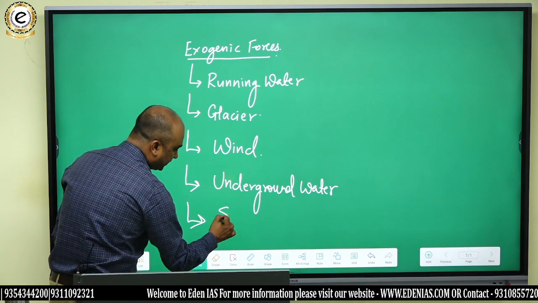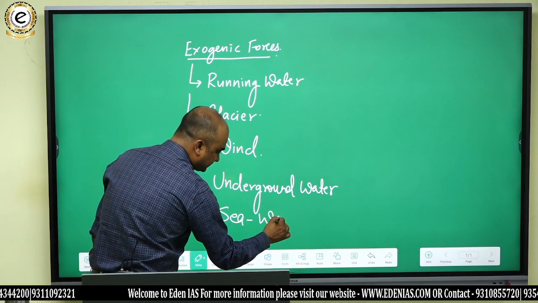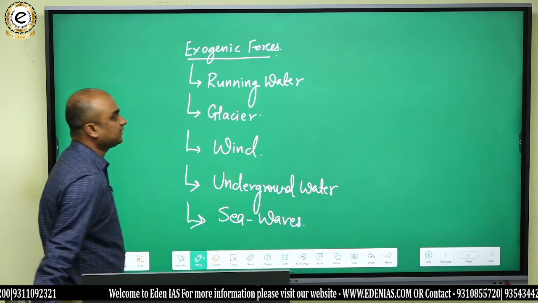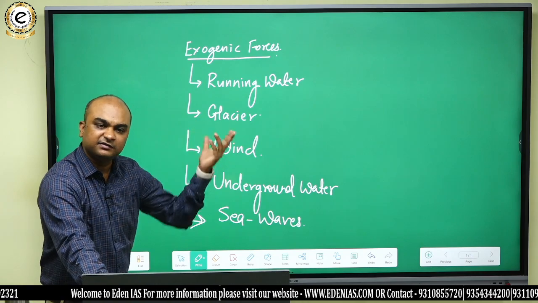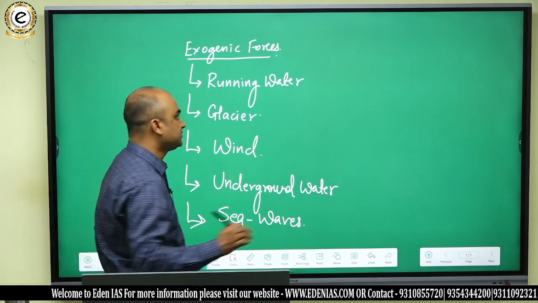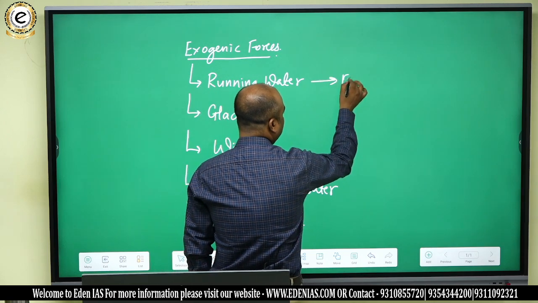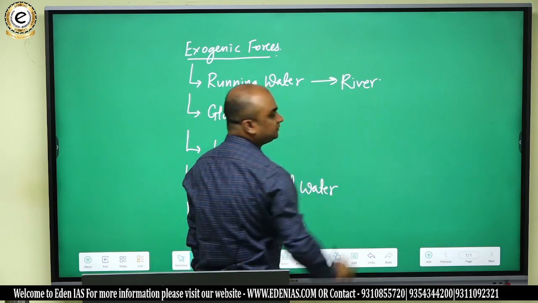And the fifth one is sea waves. एक चीज देखो, सबसे बड़ा रिप्रेजेंटेशन रनिंग वाटर का जो सरफेस पे है, that is river. You understand that? So sometimes this can also be written as river.